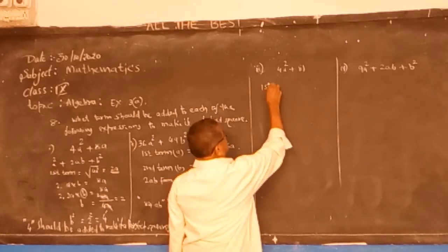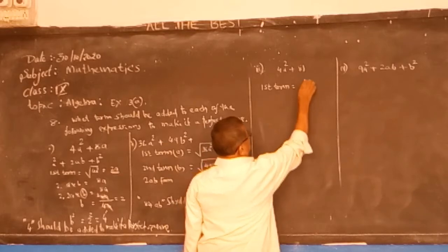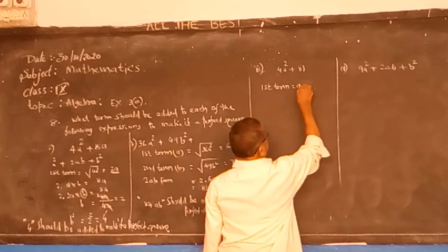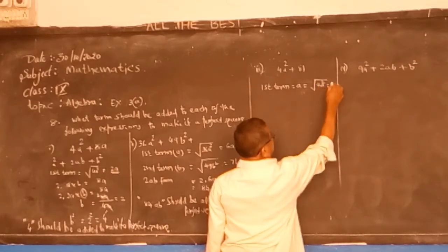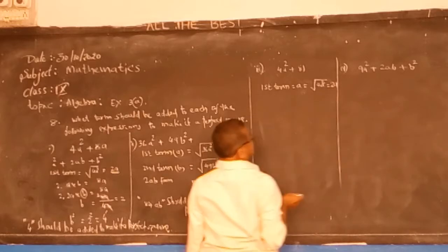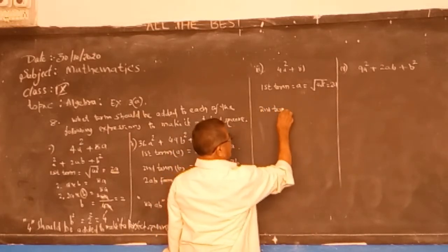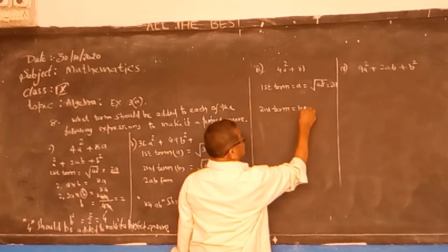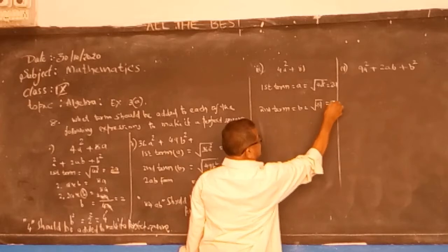First term a is equal to the square root of 4a squared, that is 2a. Second term b is equal to root 81, that is 9.